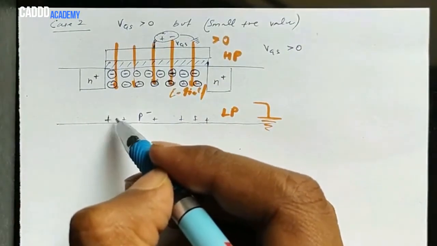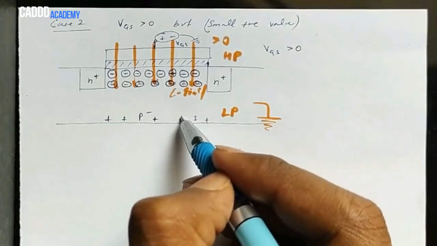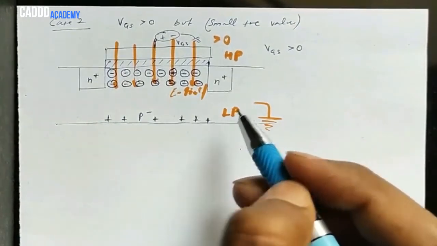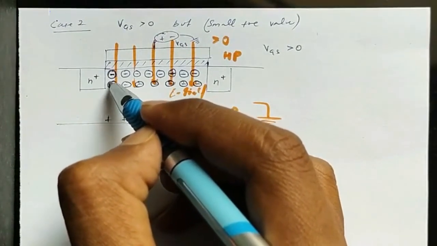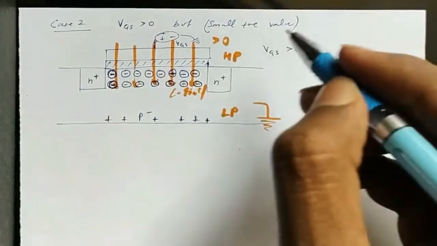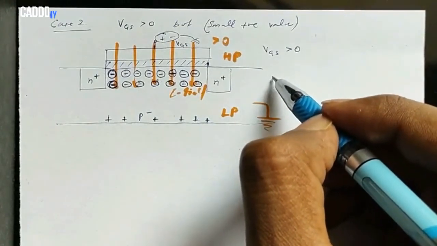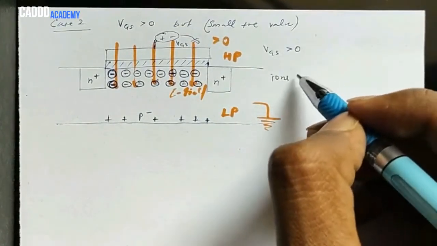So the positive charge will be attracted towards the lower potential, and as the positive charge left this area, we will be left with the negative ions. These ions are immobile, they can't move.